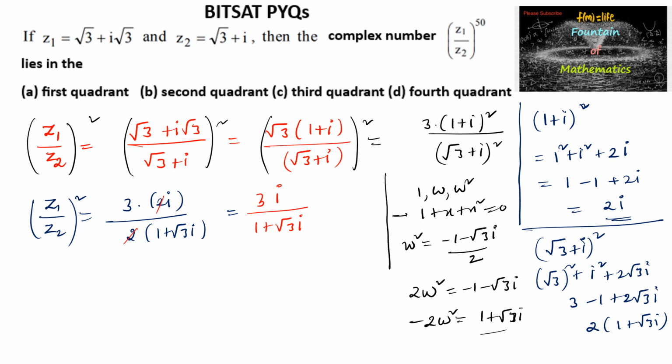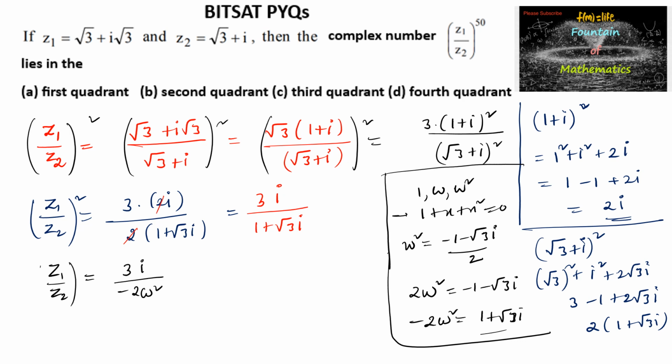So instead of writing 1 plus root 3 i, we can also write minus 2 omega square. So I can write here 3 times i divided by minus 2 omega square. This is (z1 by z2) whole square.